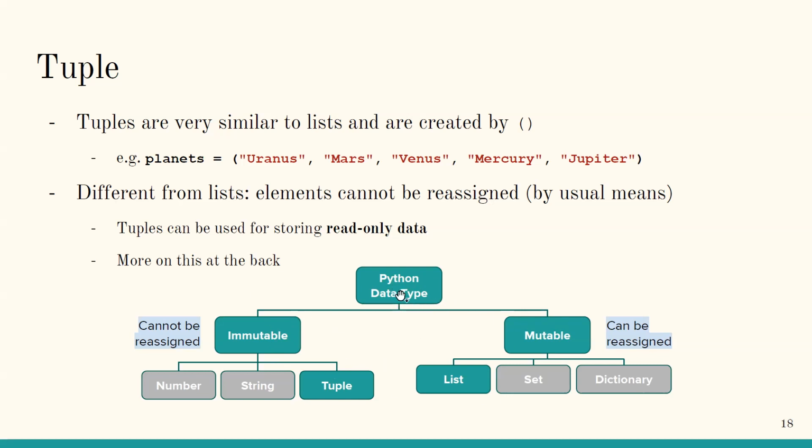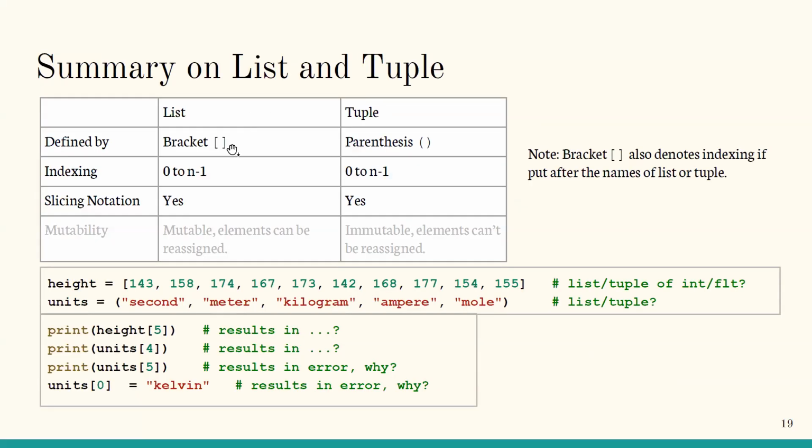So the data types that we have learned can be separated into two types: the immutable and mutable. Okay, so tuple belongs to the immutable, which cannot be reassigned, and list belongs to mutable, which means that it can be reassigned. Okay, so this table is comparing list and tuple.